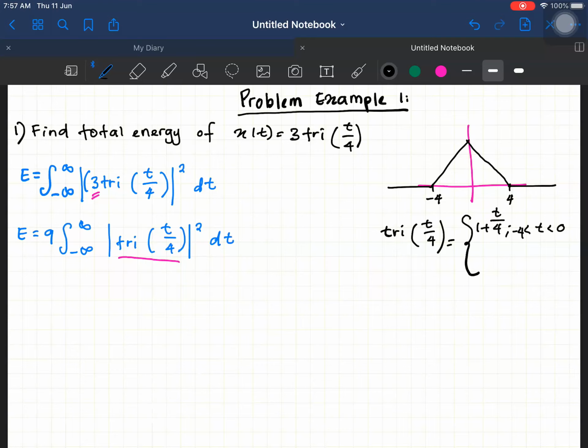Sorry, this is t over 4. And 1 minus t over 4 when t is between 0 and 4, and it will be 0 elsewhere.